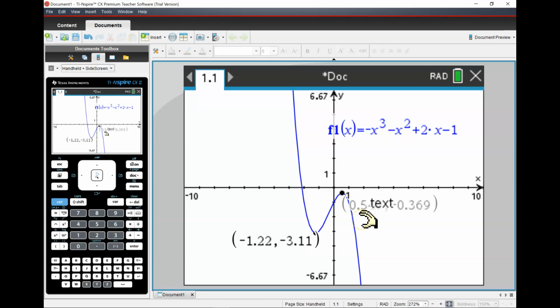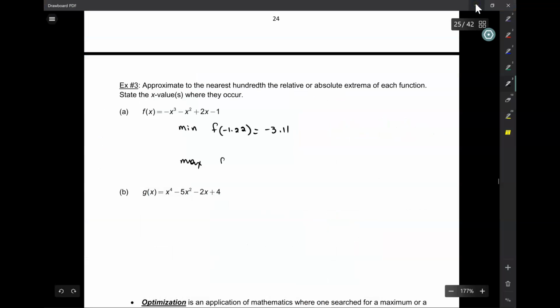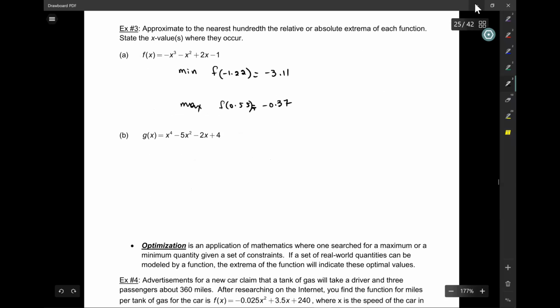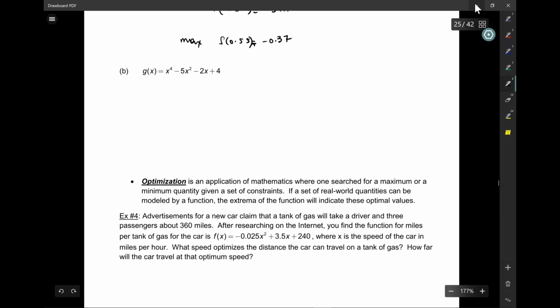So that's it right there: 0.55 and negative 0.37. All right, I don't think I need to do the other one. I think you guys get the idea, right? Okay, let's move on to bigger and better things.